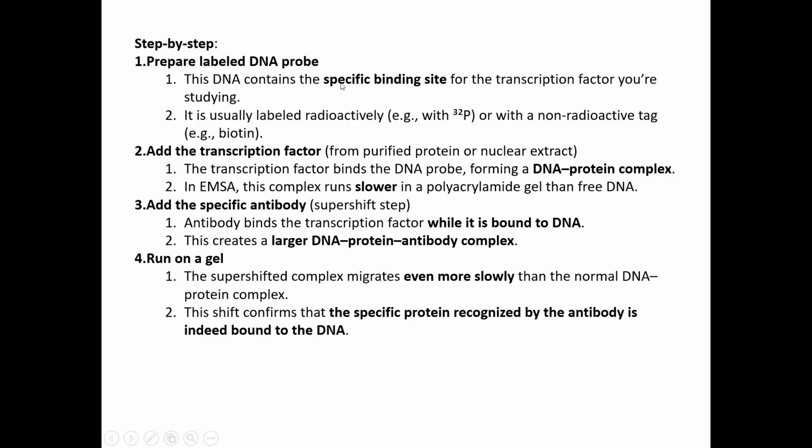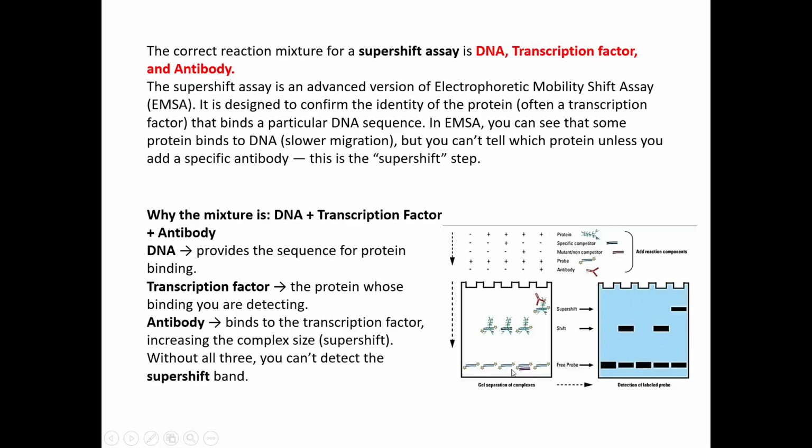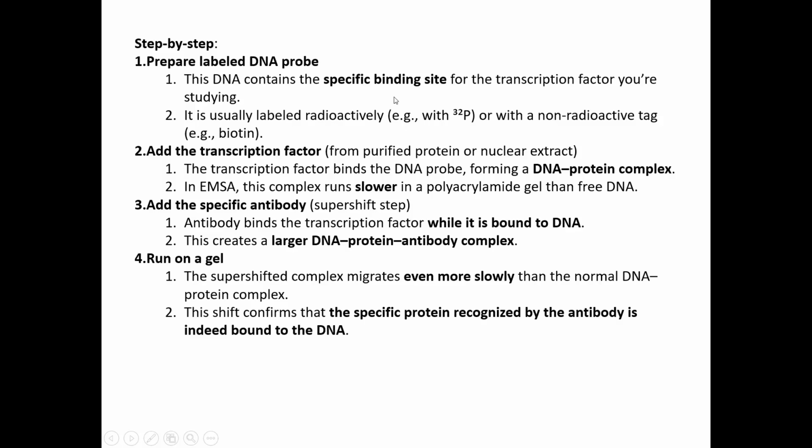So this DNA contains the specific binding site for the transcription factor you are studying. Then it is usually labeled radioactively. So the star which you saw here was because it is labeled radioactively with mostly P32. Or you can also use a non-radioactive tag like biotin.